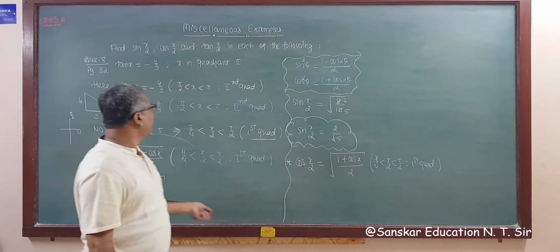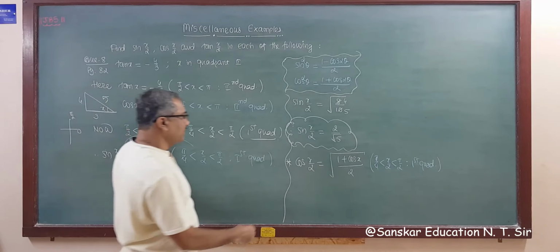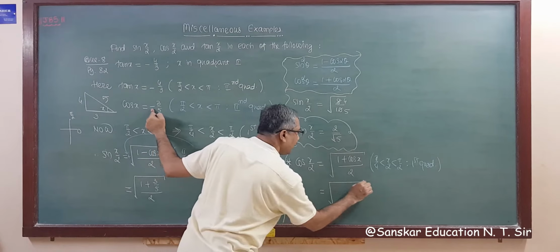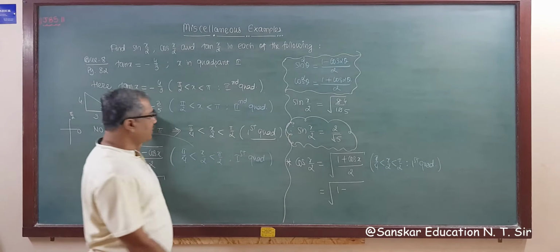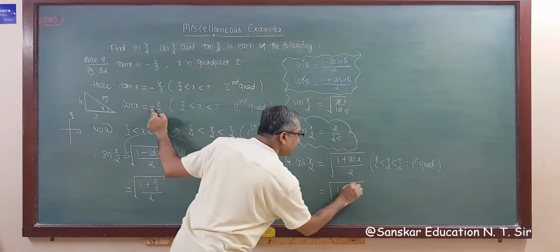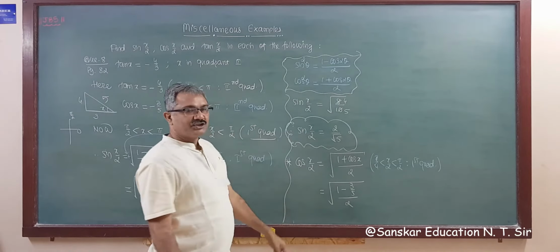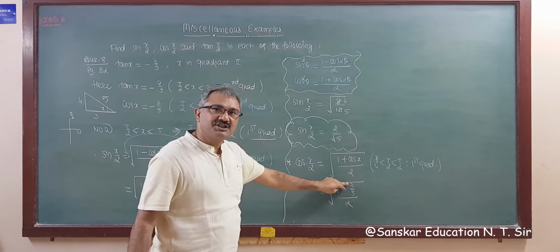Now substituting the value of cos x as minus 3 by 5. So this is the square root of 1 minus 3 by 5 divided by 2. So taking LCM, 5 minus 3 is 2.